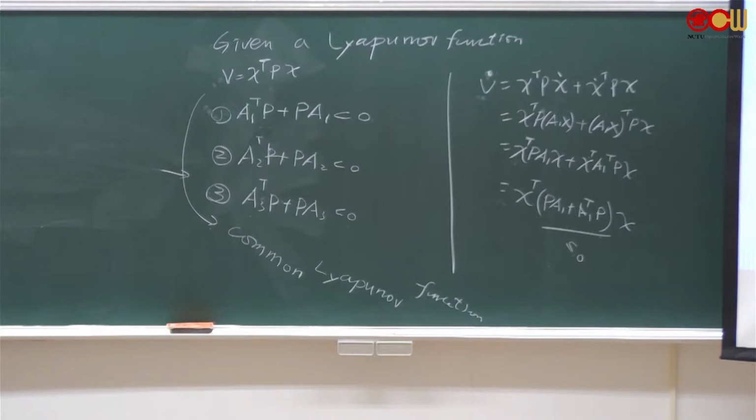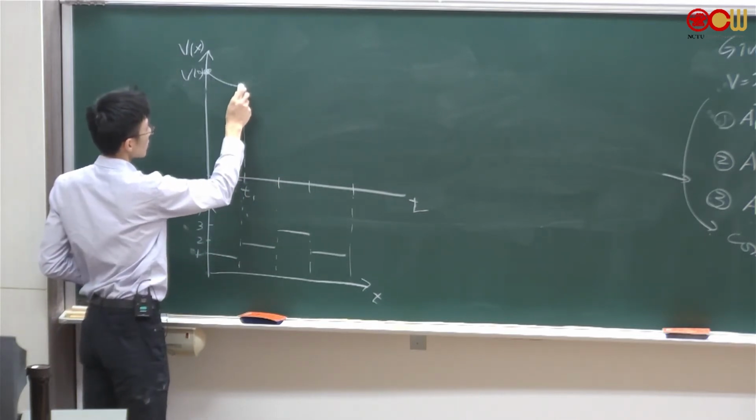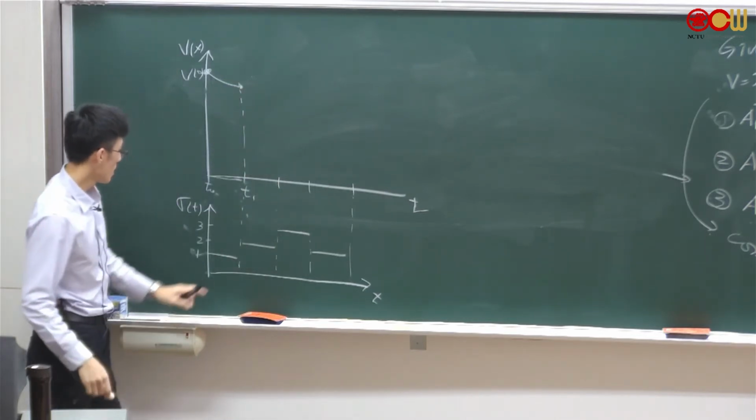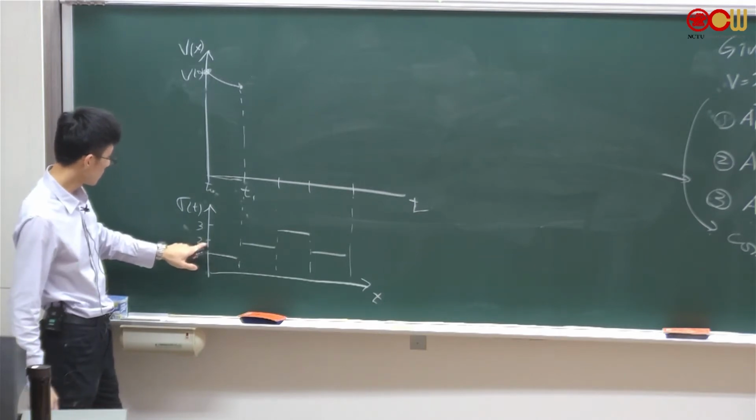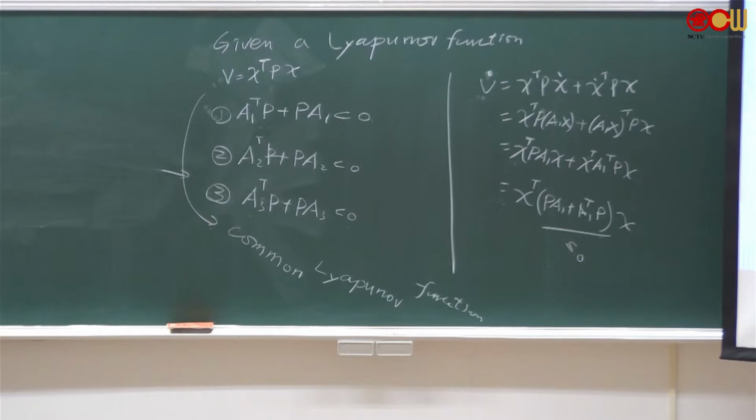That means V will decrease. And because x is continuous, V is also continuous. In the second time slot, V continues from here. If the second system is activated, V dot is still negative definite, so it will continue to decrease, but the decreasing rate might be different.